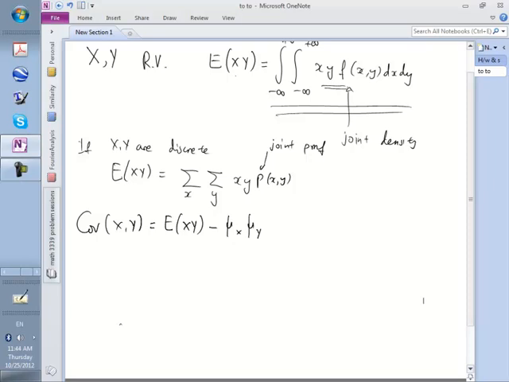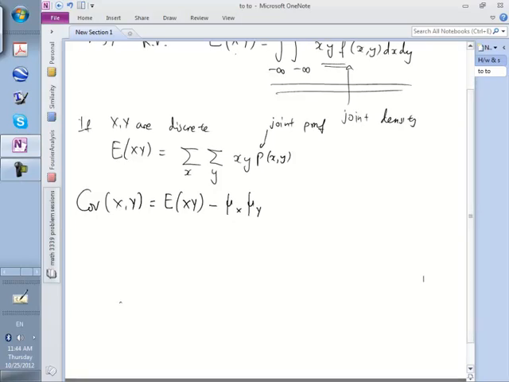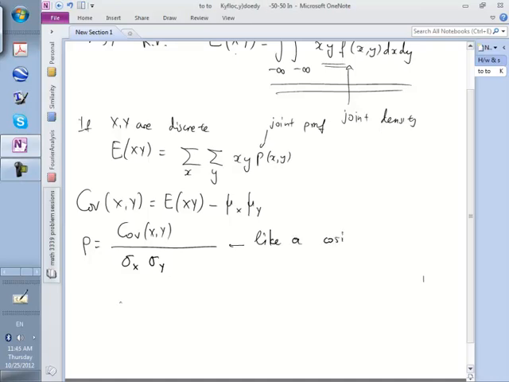Therefore, the important thing is that when I go and define the so-called rho, which is the correlation coefficient, that's the covariance divided by the standard deviations. So this is standardized, and this is something like a cosine. What does a cosine of an angle do?